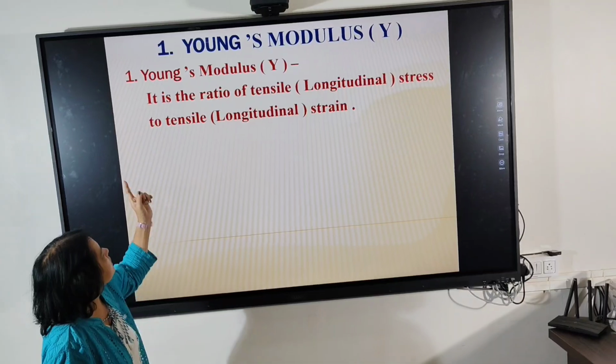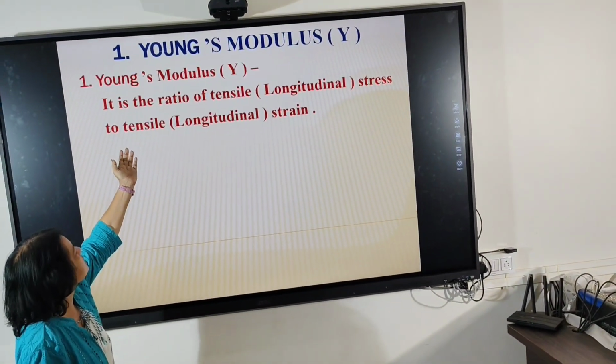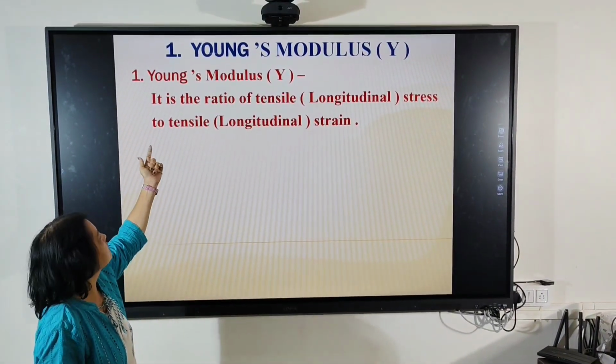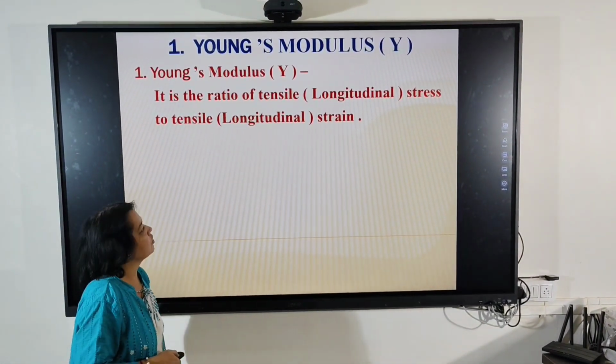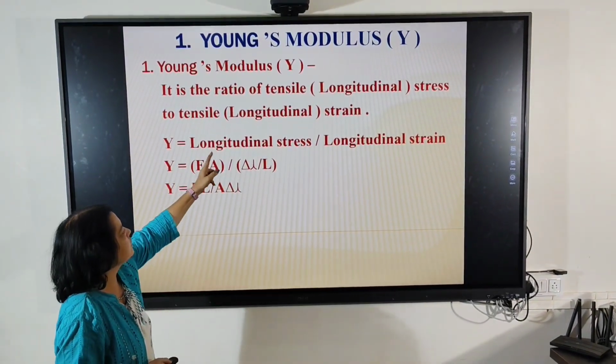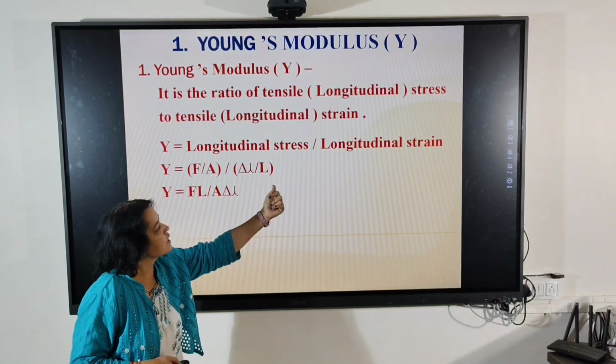Its definition is the ratio of tensile stress or longitudinal stress to tensile strain or longitudinal strain, and its mathematical formula is Y is equal to longitudinal stress upon longitudinal strain.